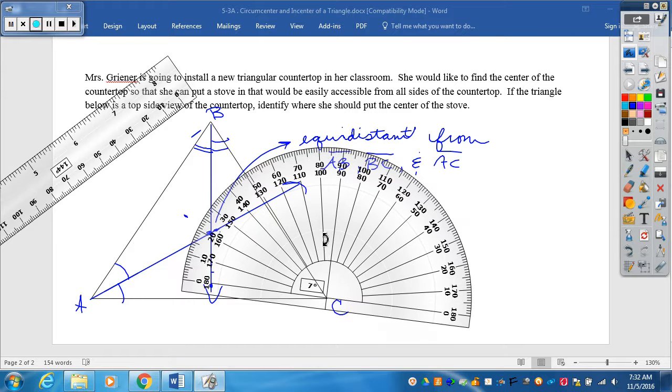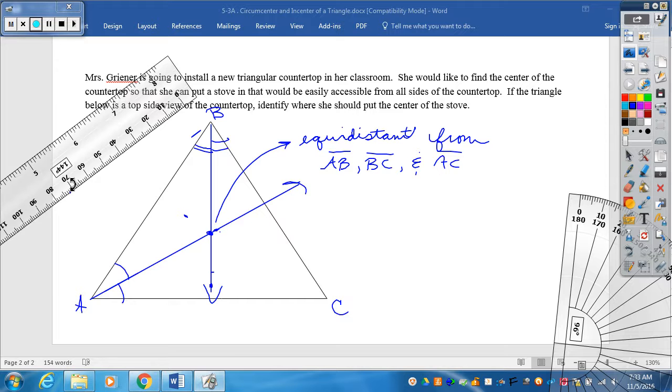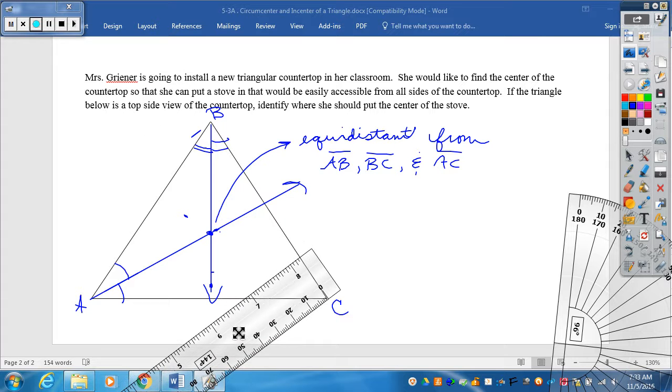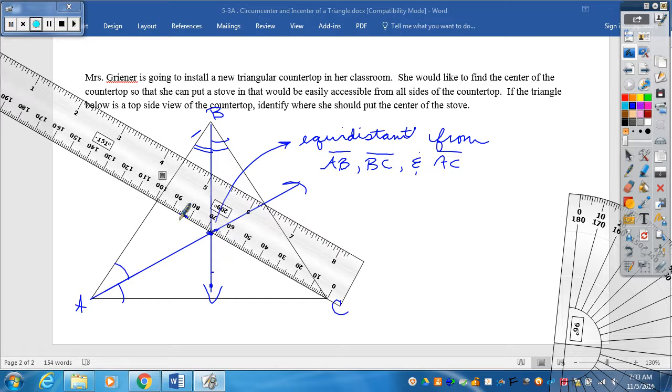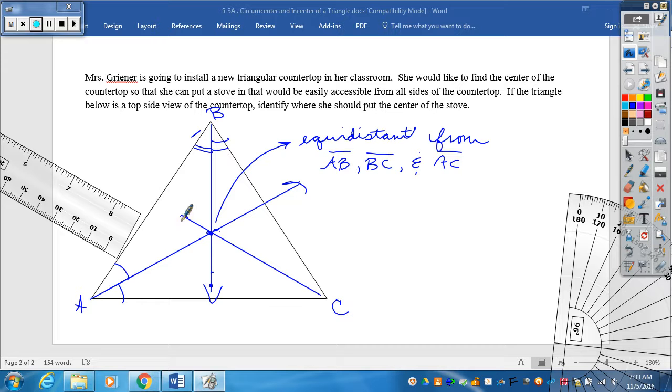And so if I draw that in, what we should see here in a second is that these three lines are going to be concurrent. They're going to come together at the same point.